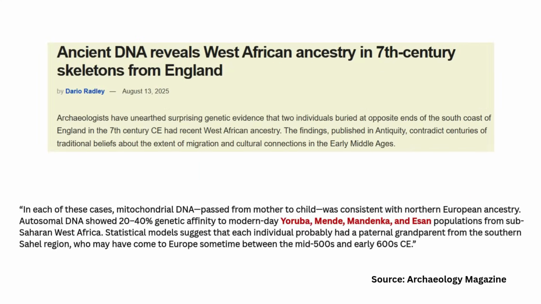One of the deceptions you'll see out there is that whenever there are any published reports about DNA tests performed on any genetic material or bodies found in ancient sites, and they know that these bodies are Jews, they'll categorize them as West African.